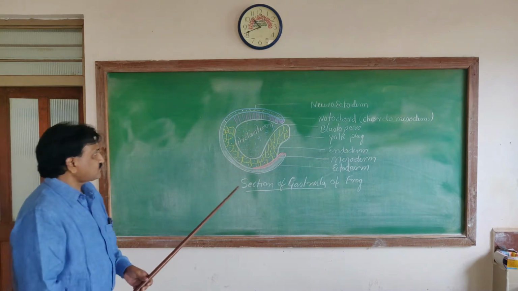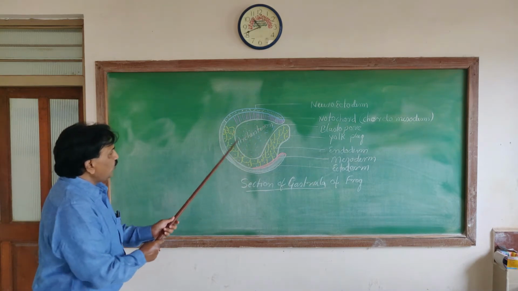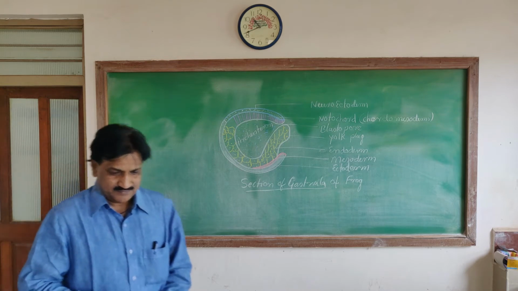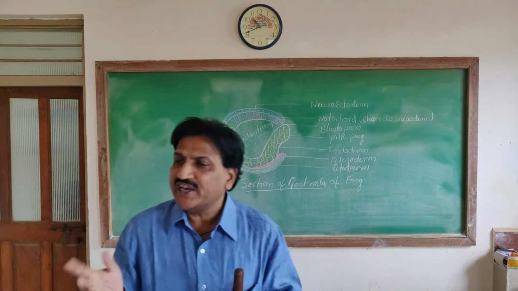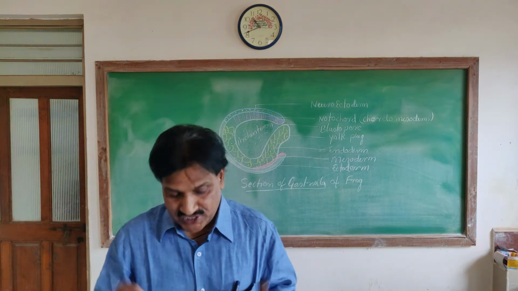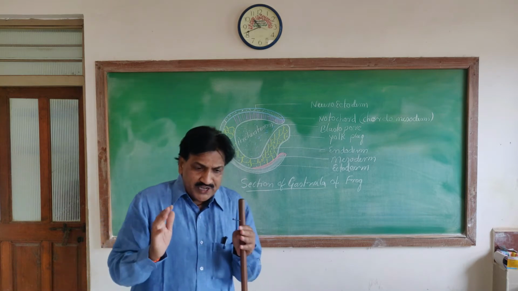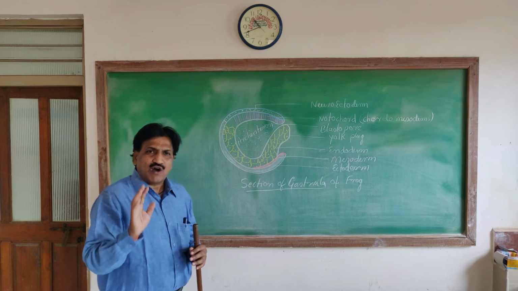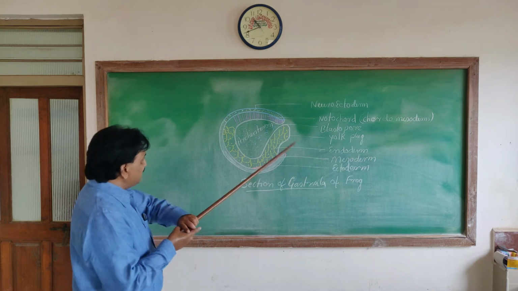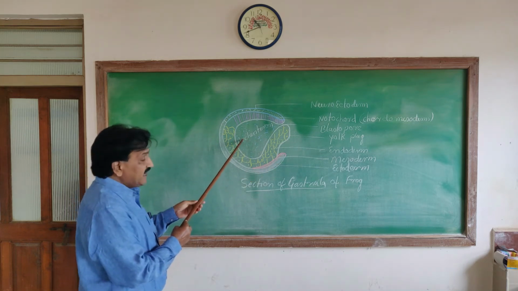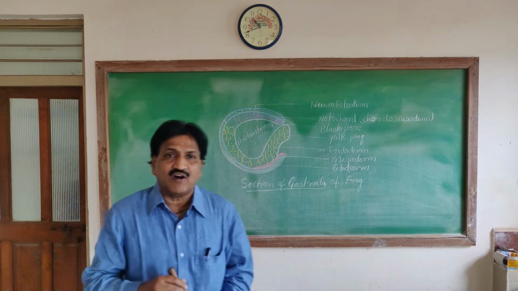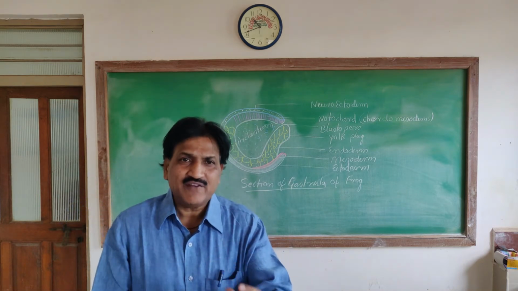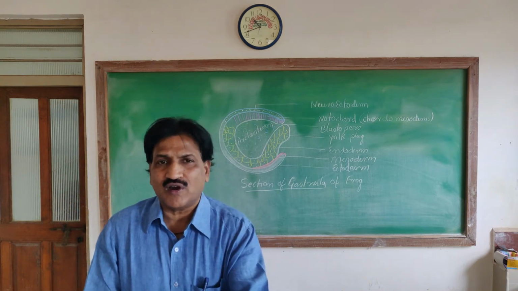Okay, now it is hollow in nature. The gastrula is not solid, it is hollow. The hollow nature of the gastrula is due to the presence of a cavity. That cavity is called archenteron.